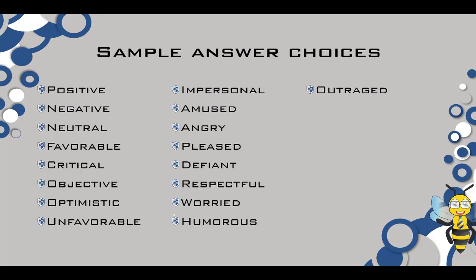The sample answer choices that you might find are like this. Positive, negative. As I said, I was talking about Abraham Lincoln, so my tone is positive. If I said something like, Abraham Lincoln was considered the most honest president in the United States, even though he stole money from everyone, he had slaves, I continue talking, okay?